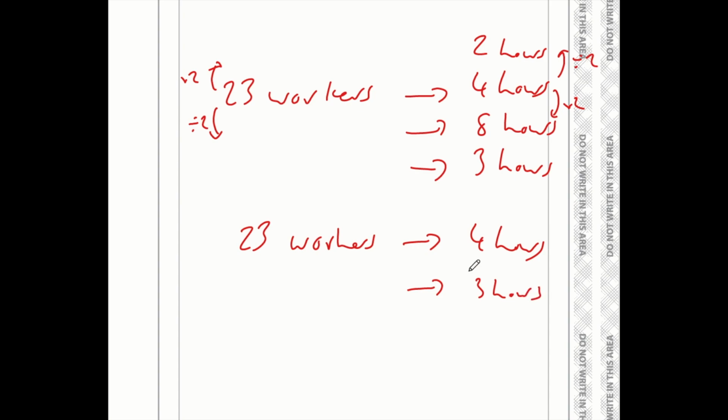So what I would do is work out how many workers it would be for 1 hour. The time is being reduced to a quarter of the time, so we're going to need 4 times as many workers. And 23 multiplied by 4 is, grab your calculator, 92.